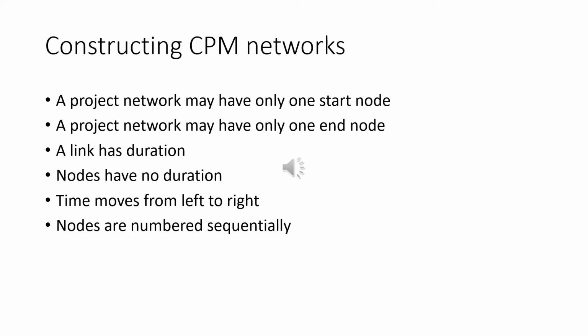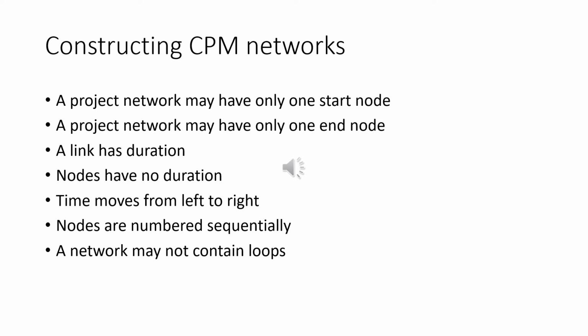Head events means the arrow end of an activity. Tail events means those at the non-arrow end of an activity. This convention makes it easy to identify loops.